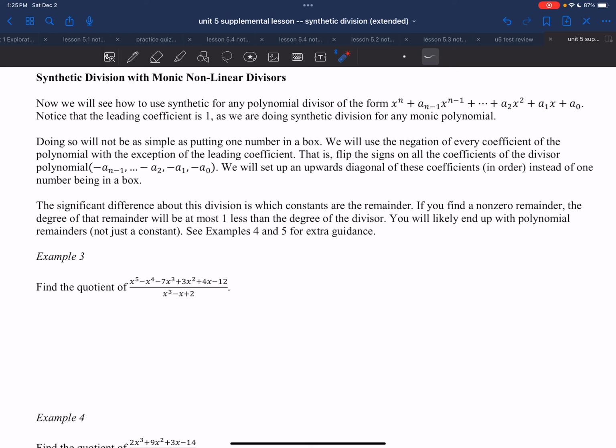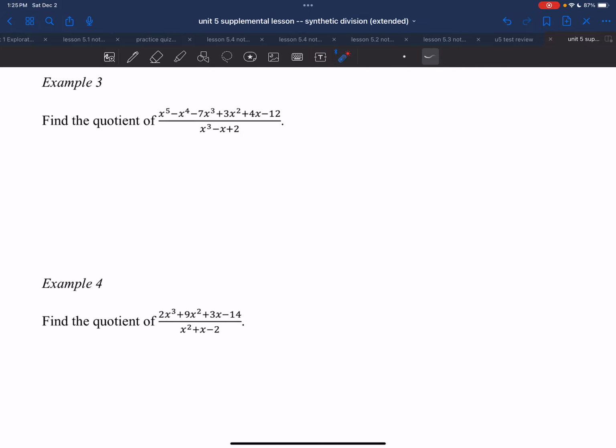And then you're going to set up a sort of diagonal of the coefficients of the divisor out to the side of the box. It is better to just see this in progress than for me to just explain.